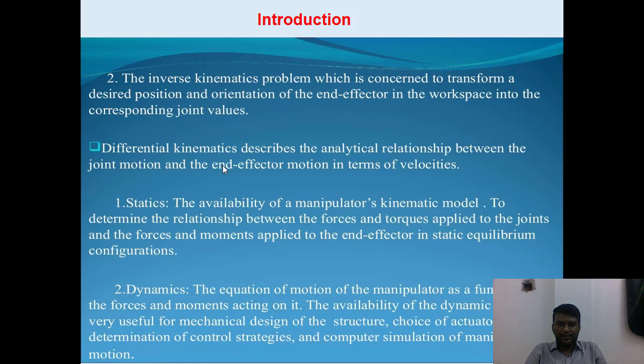That is called reverse or inverse kinematics. In the kinematics part, we don't study the movement and the forces that cause the motion. We only focus on finding out the position and orientation of the end effector.